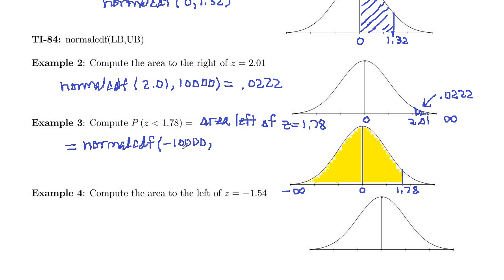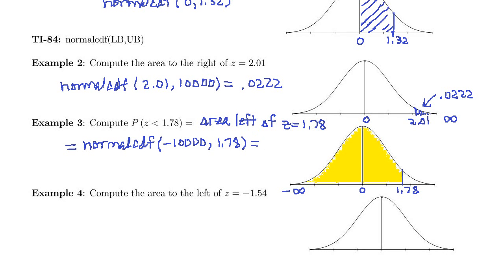And some books will use negative 1e99. So that's scientific notation for negative 1 times 10 to the 99th power. We can just use a big negative number like negative 10,000. And then our right cutoff, 1.78.